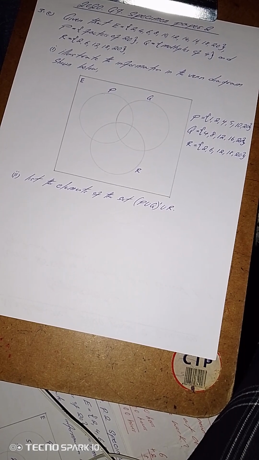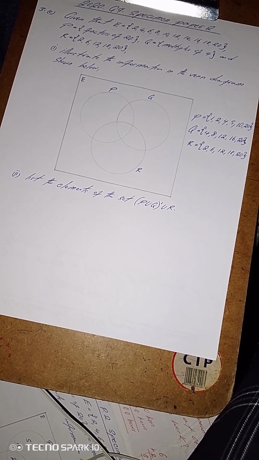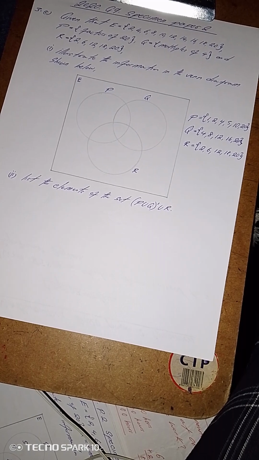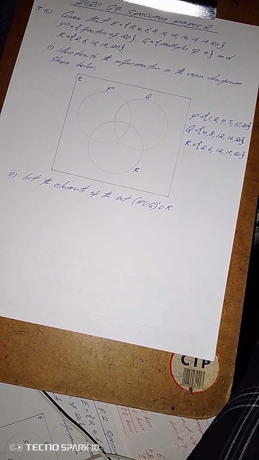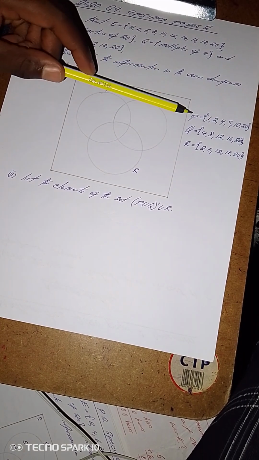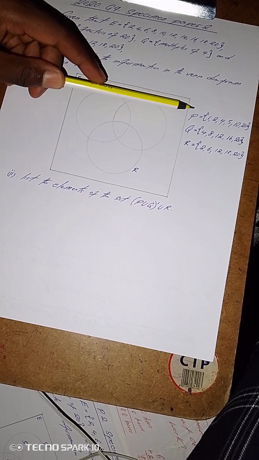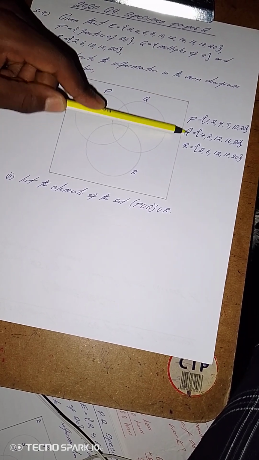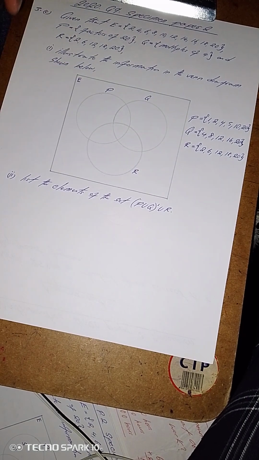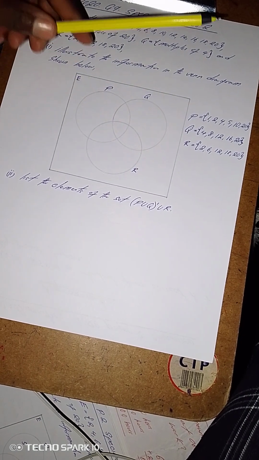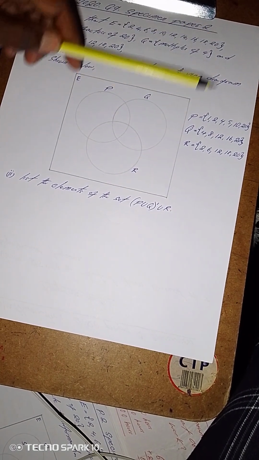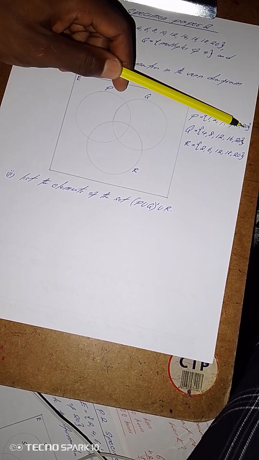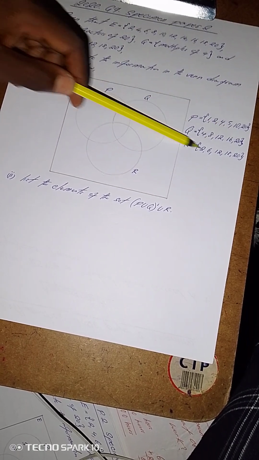The next point is this. Before you illustrate this, you need to start with the intersection of all the sets. So you check the element which is in P, and also in Q and in R. So let's check which element is found in all the sets. Here we have 20, and also here you have 20.